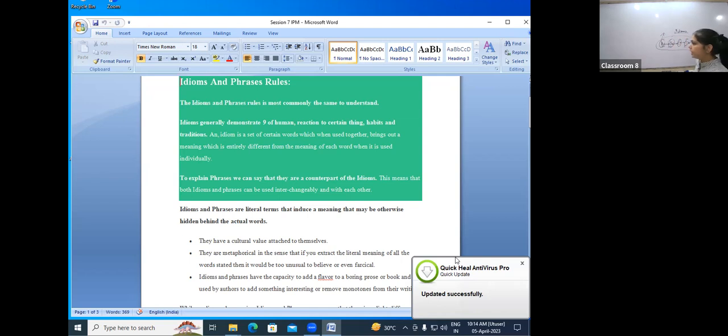The meaning of idioms is generated through a collection of individual words.